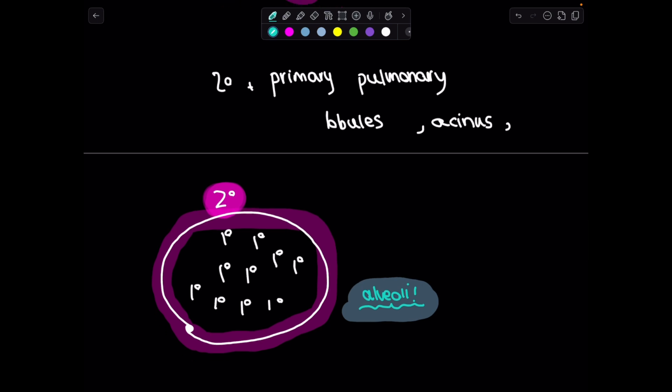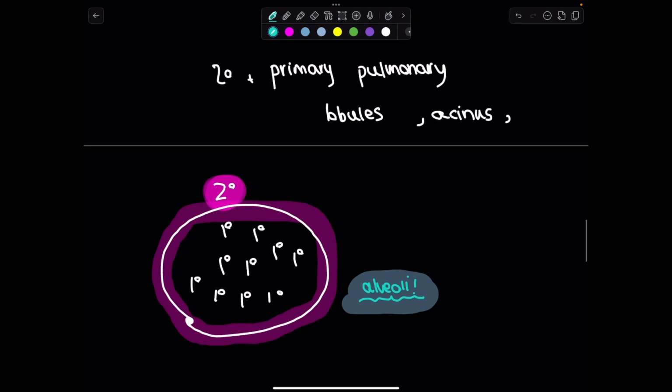Alveolus, tiny air sac where oxygen and CO2 exchange with blood, connected to alveolar ducts. Alveolar ducts, tubes linking alveoli to respiratory bronchioles, move air to alveoli. A sinus, a cluster of alveoli, alveolar ducts, and one or more respiratory bronchioles.